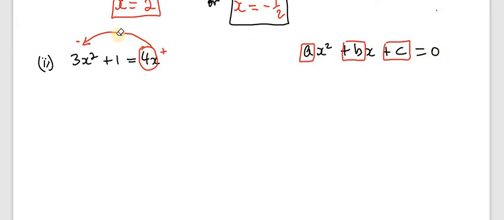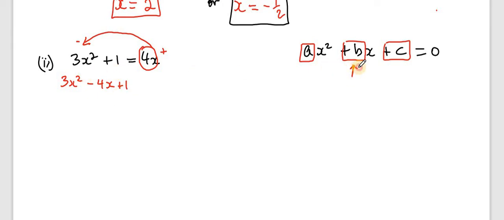When the 4x is transposed to the other side, we have 3x squared, we'll put the 4x, once becoming negative 4x, in the middle, and it's plus 1 at the end.